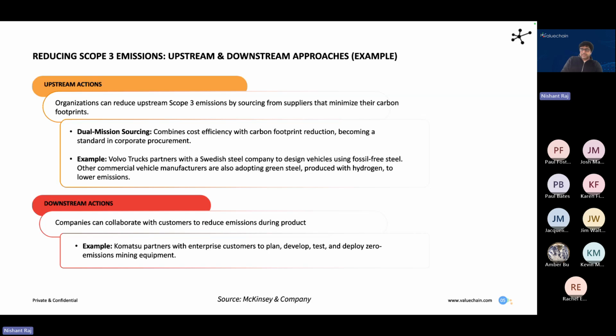But again, the key aspect is that we need to make sure that we understand how our products are being utilized and what contribution they are making within that emission chain. And having just awareness of that is going to be, again, a key aspect in passing the confidence back to the customers going forward.